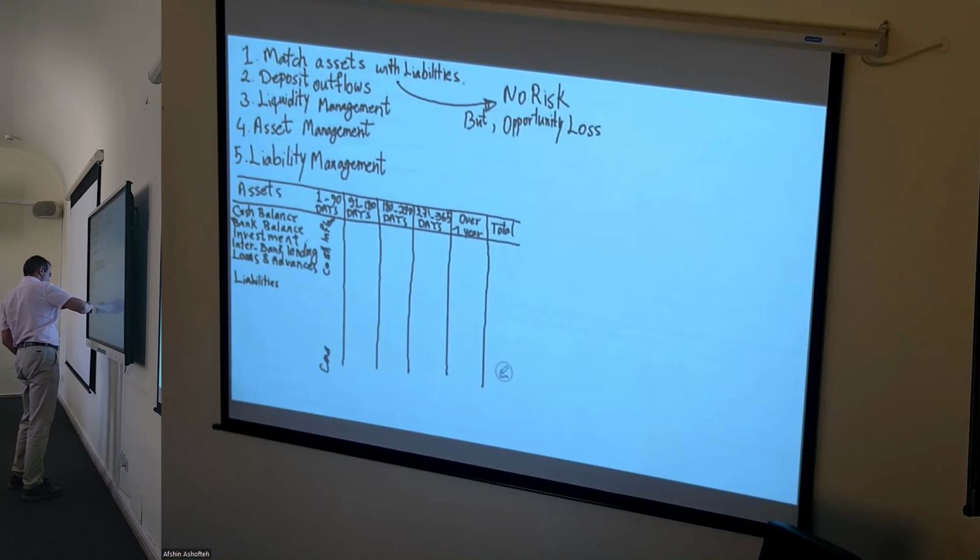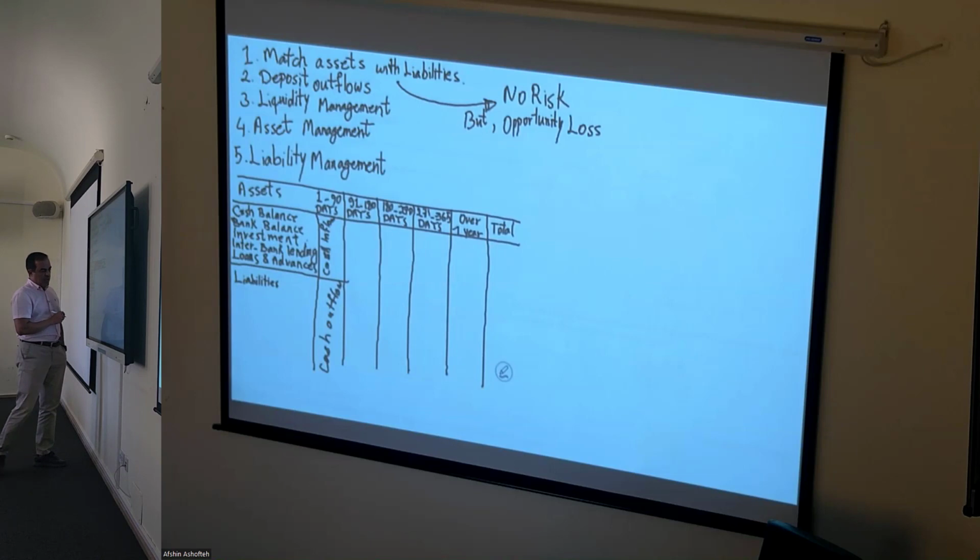So the cash outflow might be here from the liability part. The liabilities could be what? The interbank, instead of lending, borrowing, so interbank borrowing. We can mention the deposits, okay?